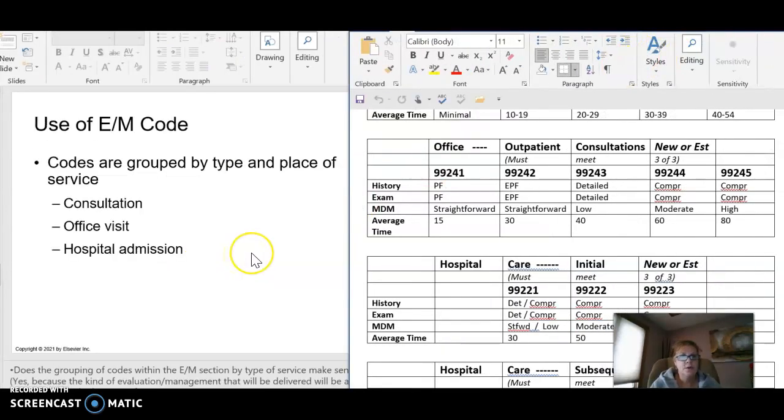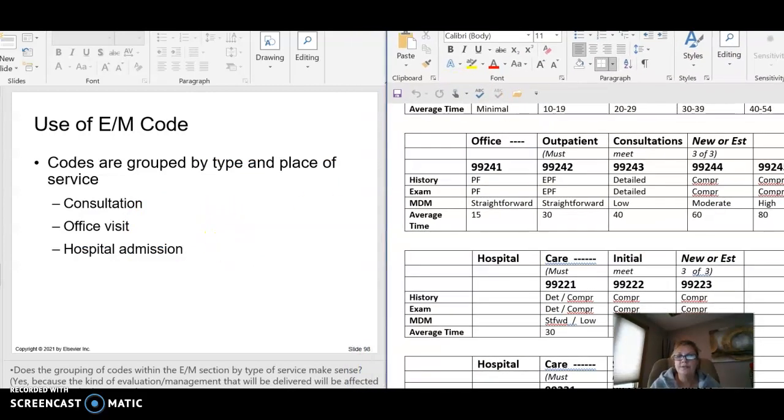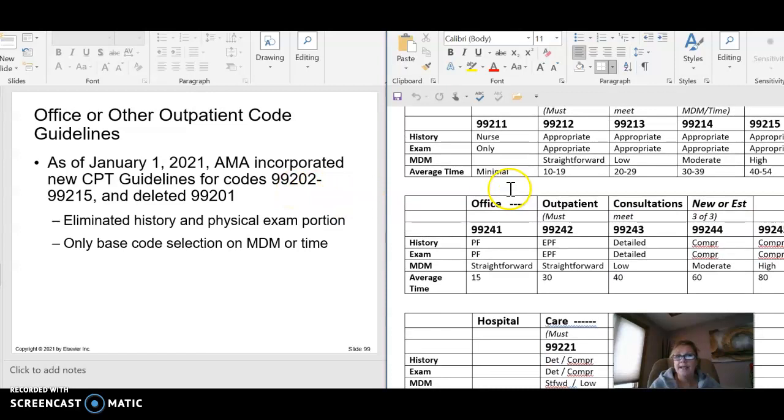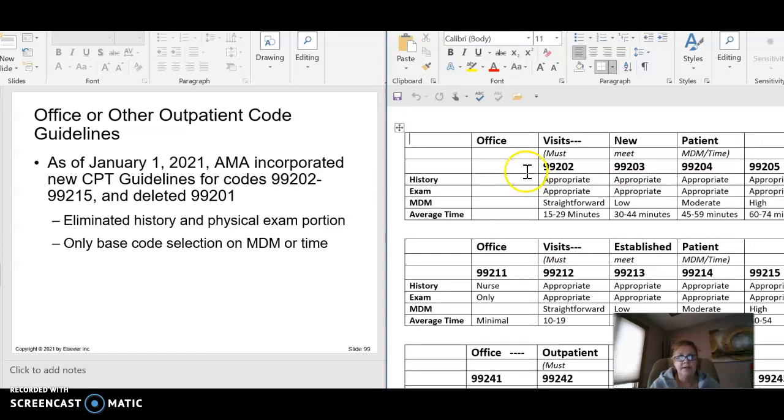With E&M codes, they're grouped by the type and place. Was it a consult? Was it an office visit? Hospital admission? We have those different ones on your E&M cheat sheet. One thing that is new to your CPT book as of January 1st, 2021: 99201 was deleted. I took it off the sheet itself.